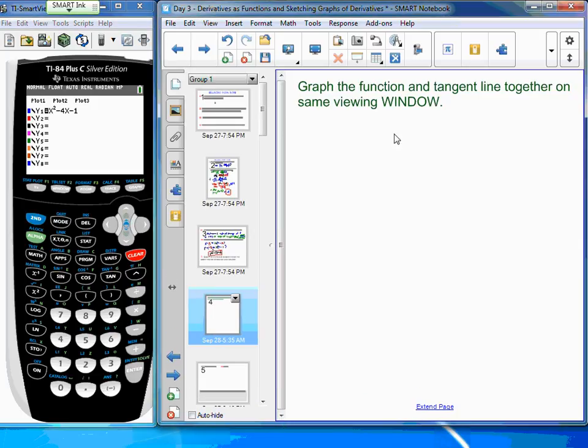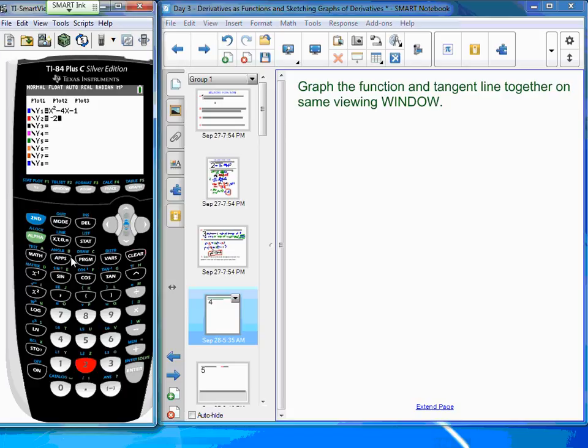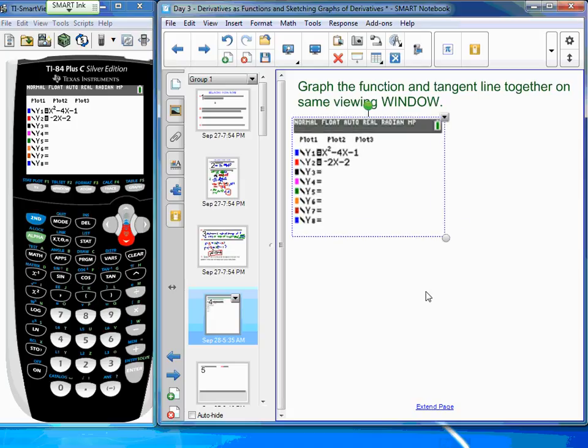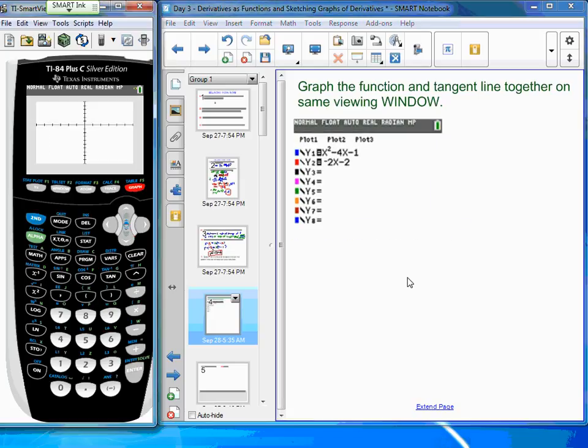I want to add to that our tangent line, so negative 2x minus 2. Let's go ahead and graph. Ready? Here we go. There's our original in blue. Here comes the tangent line in red.